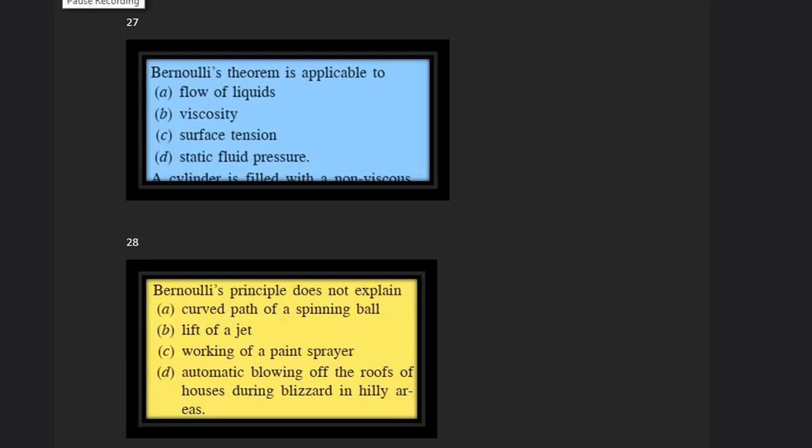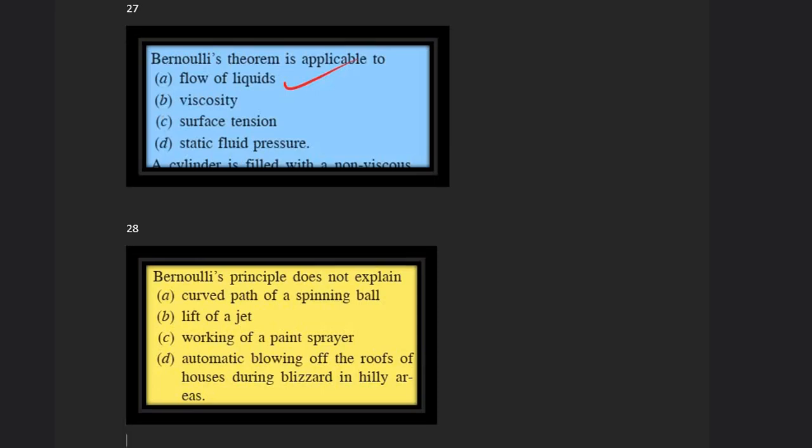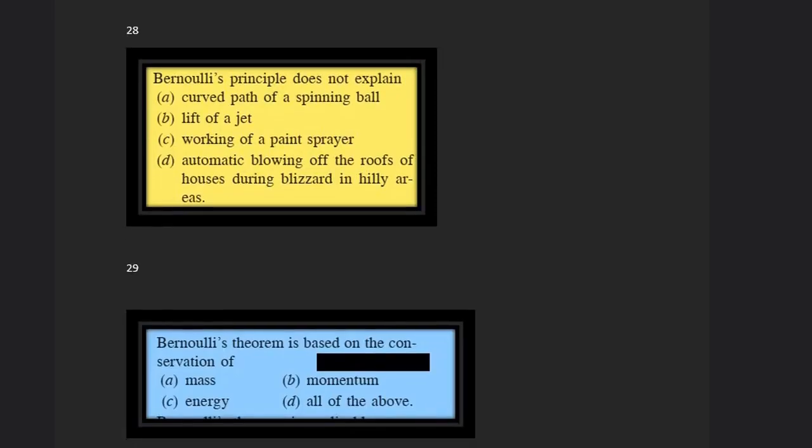Bernoulli's theorem is applicable to flow of liquids, viscosity, surface tension, static fluid friction. Yes, it's an easy question, so the answer is the first one, flow of liquid. Question number 28. Bernoulli's principle does not explain: curved path of a spinning ball, lift of a jet, working of a paint sprayer, automatic blowing of the roof of a house during a blizzard in hilly areas.